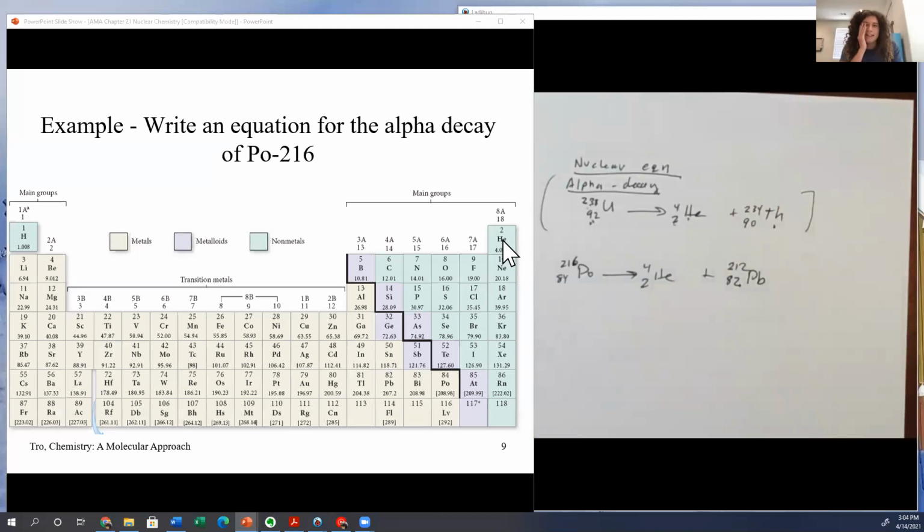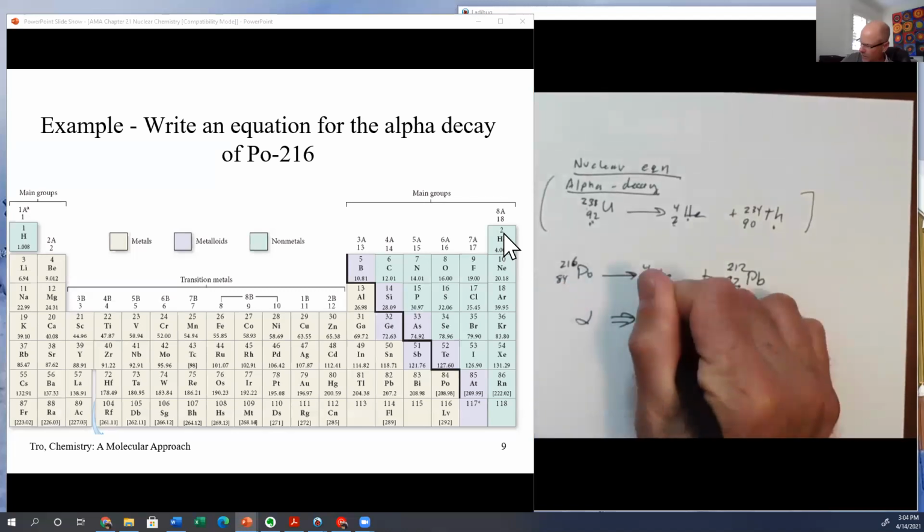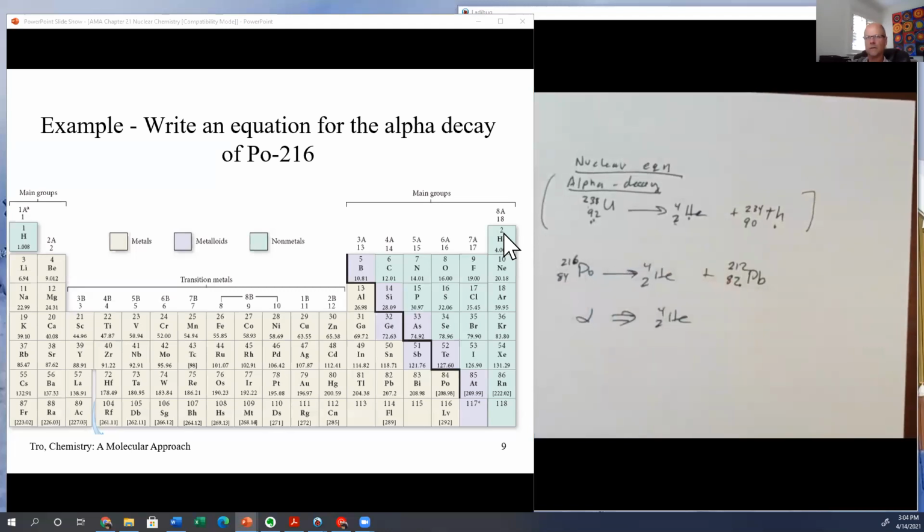By definition, the alpha particle is a helium nucleus. It's not like it could release neon. No, an alpha particle is a helium nucleus. So alpha is always going to be helium-4. Okay, because that's an alpha particle.